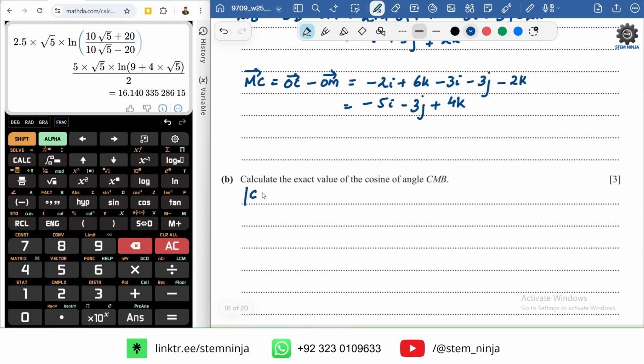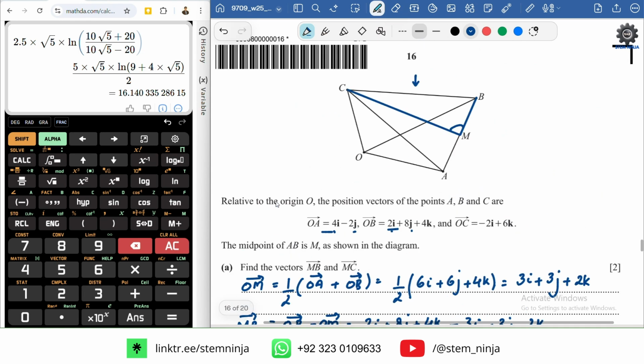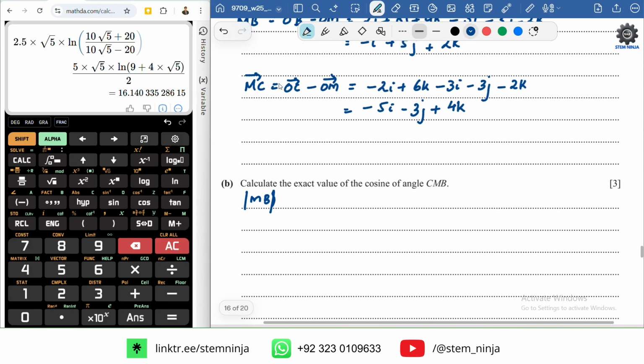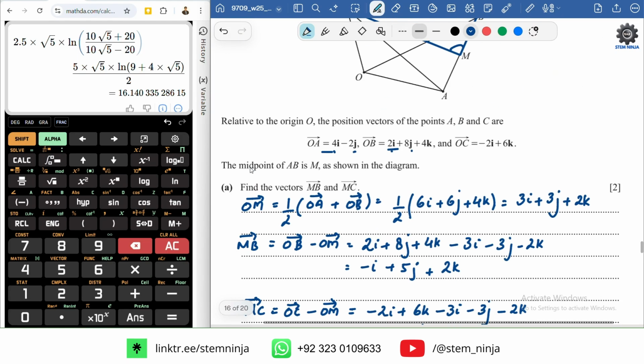So length of CM or MC or MB, right? And the only thing we'd actually need, so we have CB, we'd also need CB, right? First we'll need CB also. Okay. So CB or BC, whatever that is.